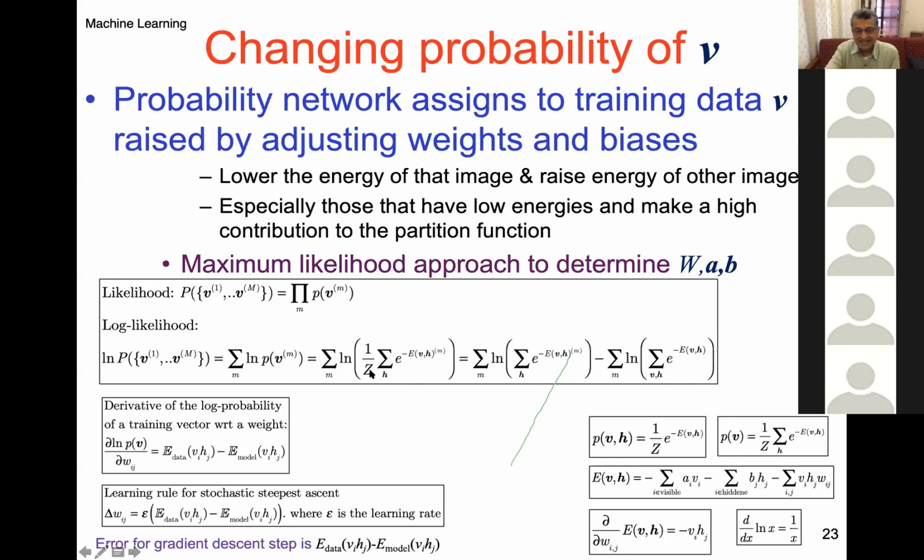The Z is there: it's 1 over Z. When you take the logarithm of 1 over Z, it becomes a negative term here. That Z is what's causing this whole thing. So we have applied the definition of the Gibbs distribution and partition function to come up with an expression for the log likelihood.